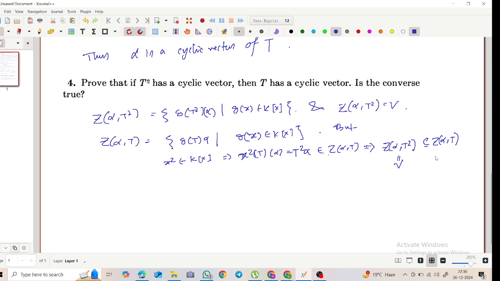So this is V, so this is also V, because this is the whole space. So alpha is a T-cyclic vector.